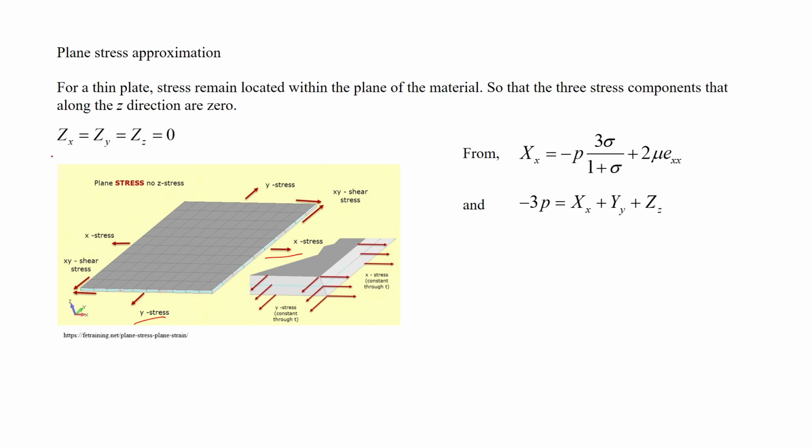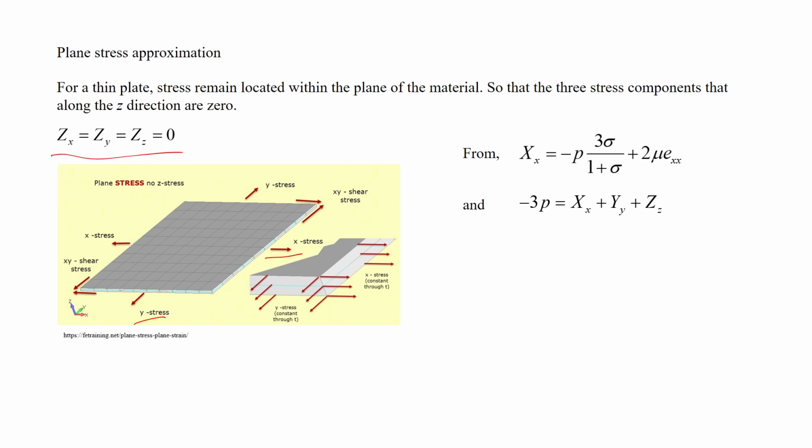So, the stress is actually 0 there, and the stress remains in the plane of this thin sheet. Therefore, sigma zx, zy, zz are equal to 0, and we can then derive the expression that we can write for the stress strain relation for this case.